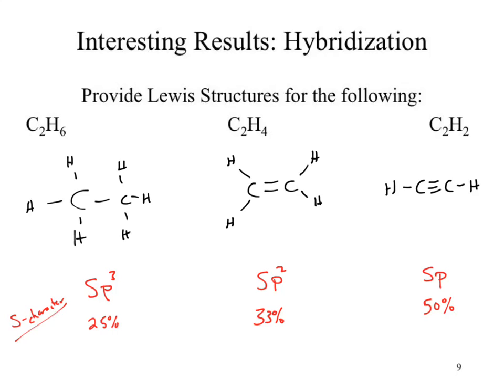Going from an sp all the way up to an sp3, careful. At 50% S, our electrons are actually closer to the nucleus, so that puts them at slightly lower energy. Let's evaluate that a little bit closer. We're saying that an sp hybridized carbon has its electrons closer to it than an sp3.